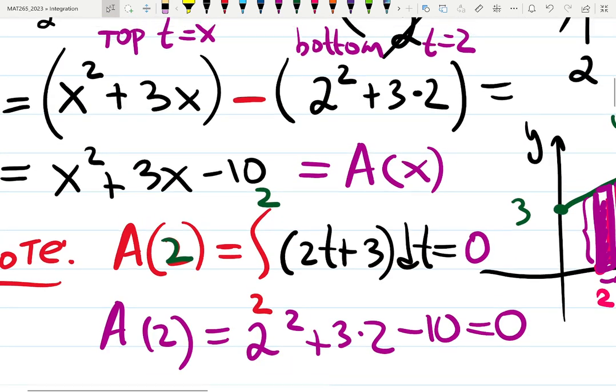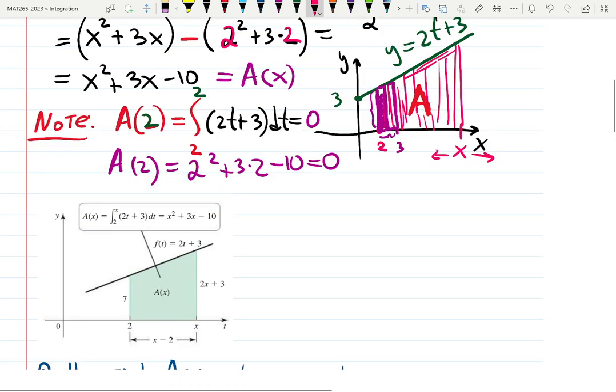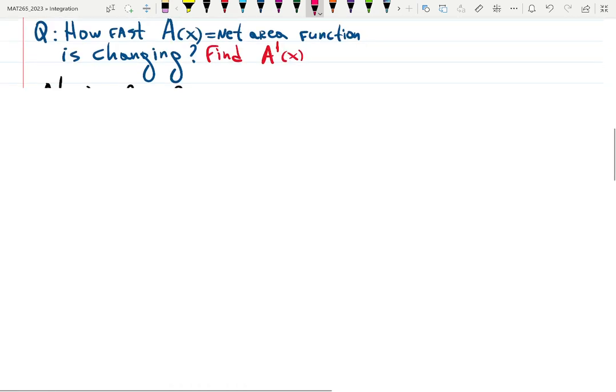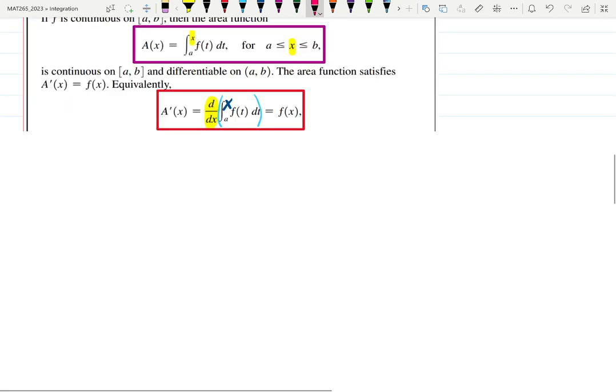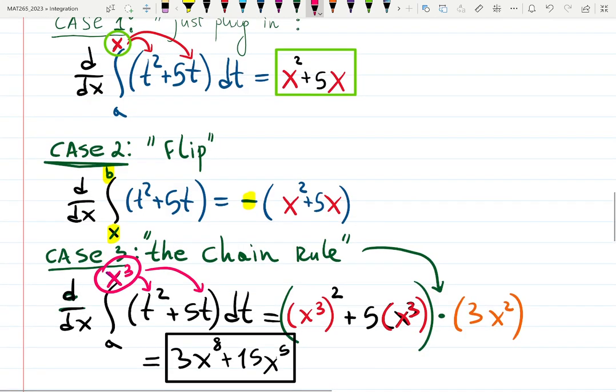And only because I plugged 2, I got the function x squared plus 3x minus 10. But if I'm undoing this process, I'm asking about the speed, how fast you were driving. And it doesn't matter whether you were driving from this tree or the next tree, it asks about the speed. We don't care about the first limit of integration. That's how interesting it is. So 7.3 or whatever that number is, it's a constant. Don't be bothered. It just has to be fixed. That's the only thing we need.